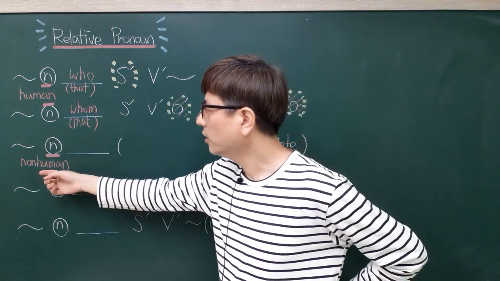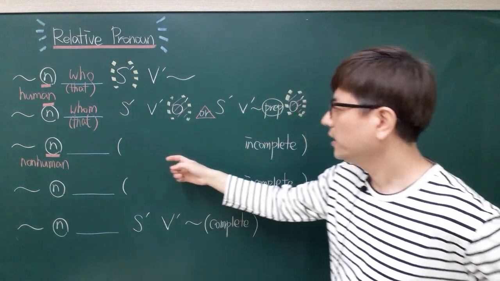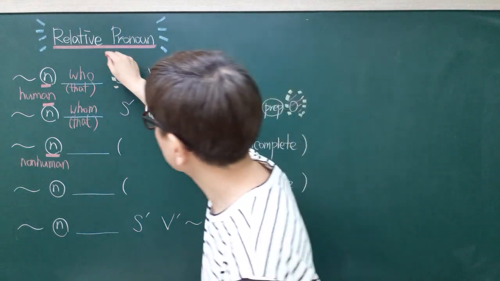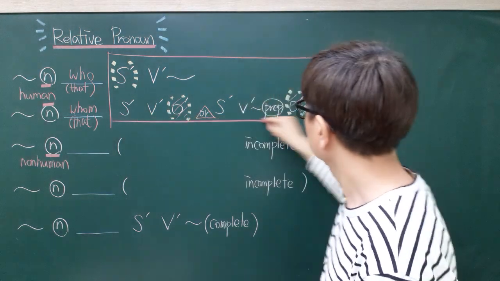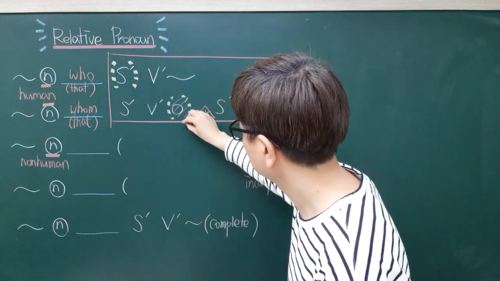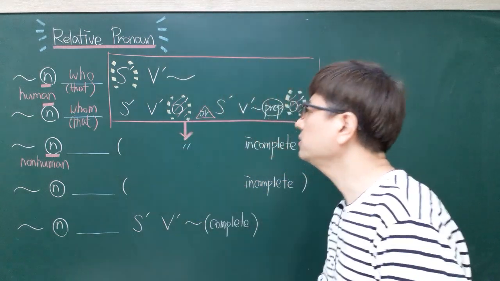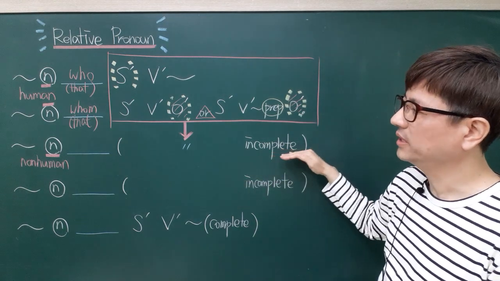And we have non-human as a noun, and we don't have either subject or object like this, which means an incomplete sentence.